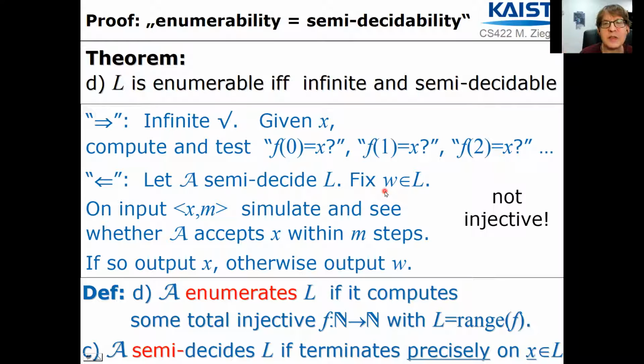So a constructive mathematician would reject that proof because it doesn't say how to choose W from L. But we as classical mathematicians, by the hypothesis that L is not empty, know that such a W exists and we're going to pick it and hard code it into the algorithm because we're supposed to show that there exists such an algorithm.